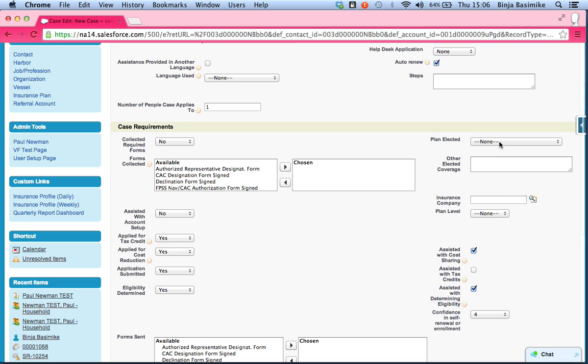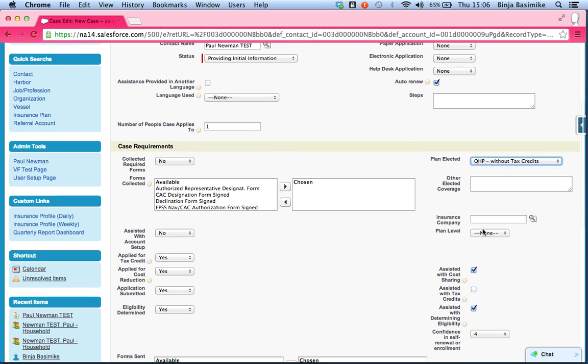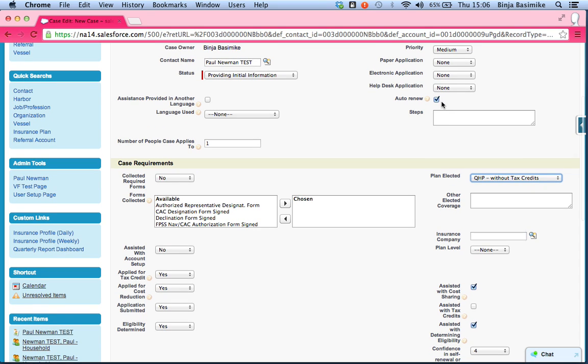As you can see here, I will just go ahead and say it's a QHP without tax credits because we mentioned that Paul Newman was auto-renewed through ComChoice. If there is no auto-renew box checked, you need to indicate which of these application processes he was enrolled by.